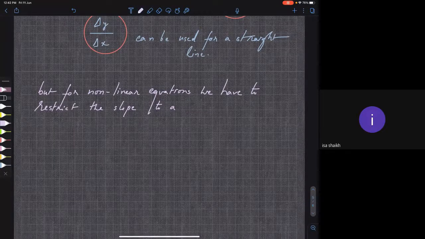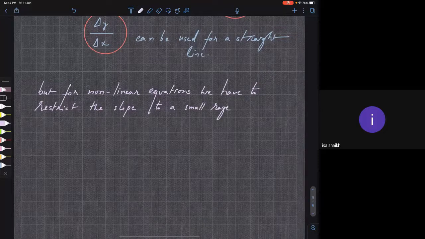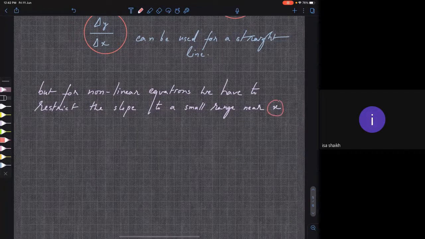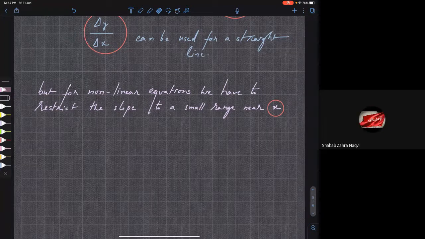Small range near x. Say delta x or dx? dx.